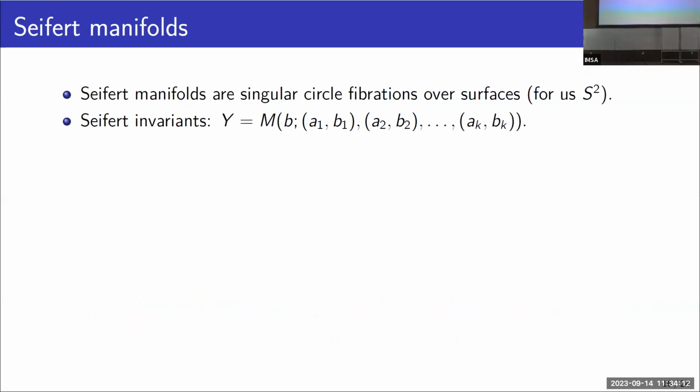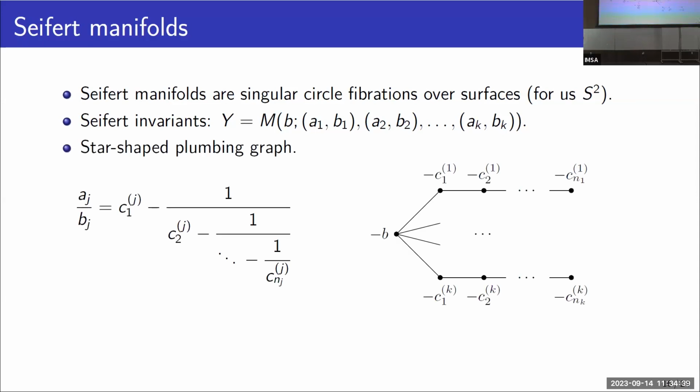because we want this condition on the homology to be finite. And then the Seifert manifold can be completely encoded in terms of Seifert invariants, which is a bunch of tuples of numbers, a_i's and b_i's. And they exactly encode these singular fibers. Yeah, so the a's are like the orders of isotropy. And since we are talking about plumbed manifolds, it's useful to have a plumbing description of the Seifert manifold.